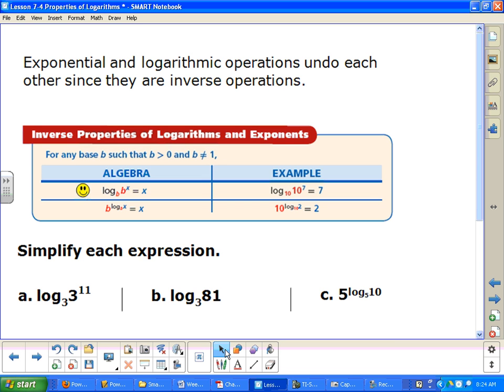So the inverse properties, the first one says if I have log base b of b raised to the power of x, this equals x. Or if I have exponential b raised to the power of log base b of x, it just equals x.